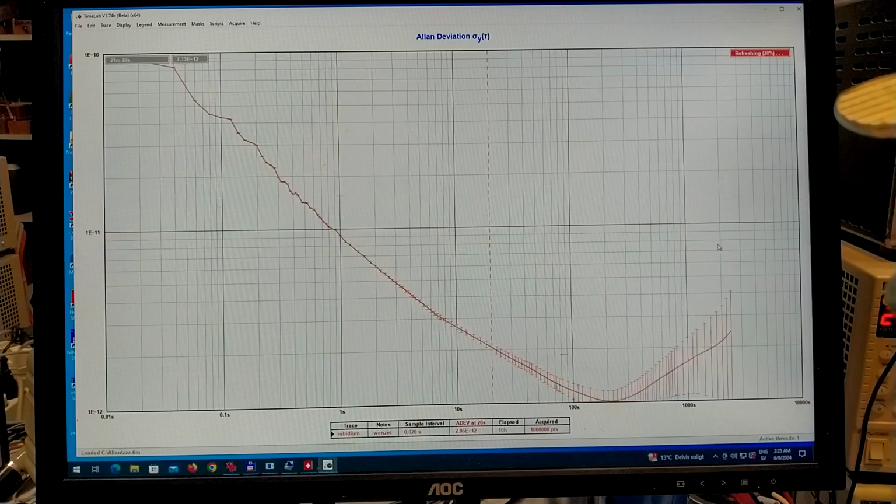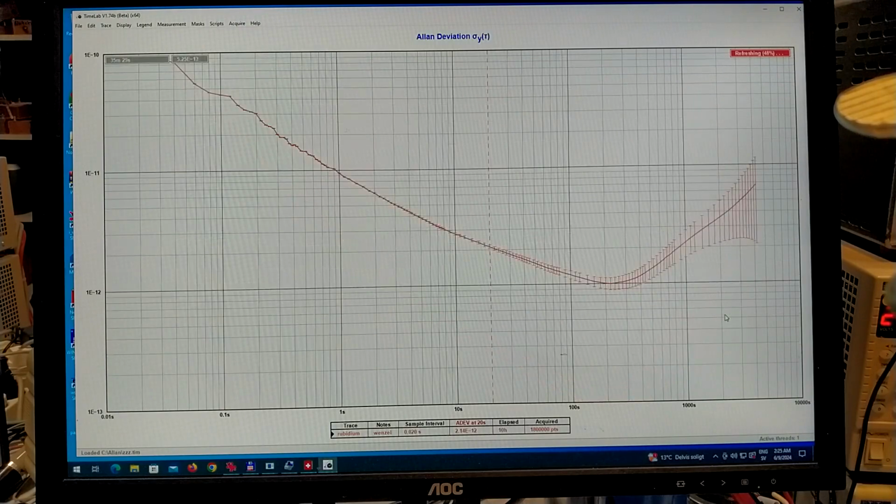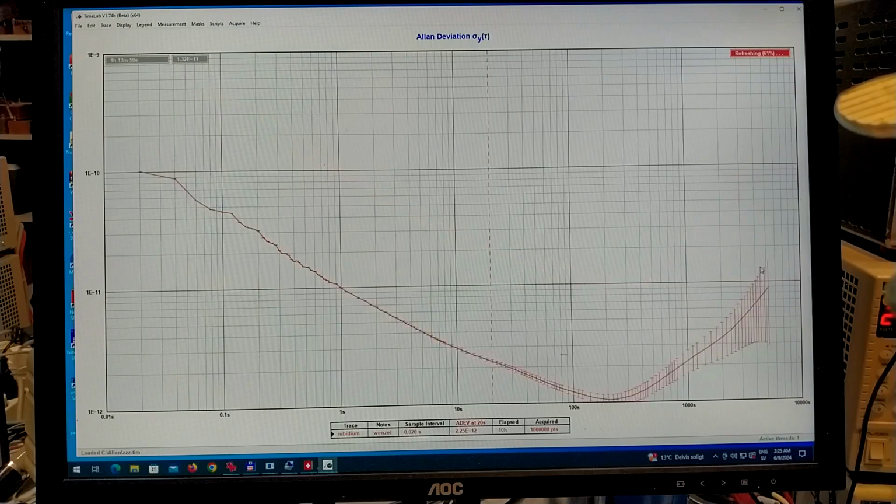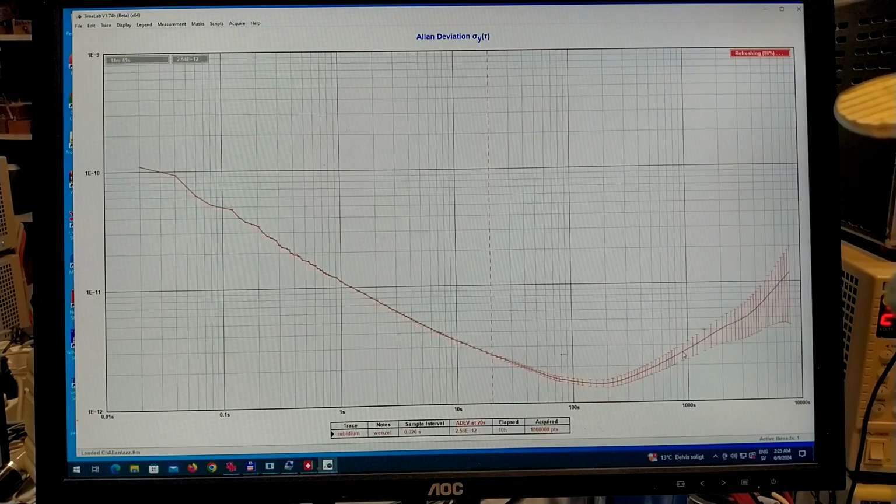So we look at what happens here towards the end of the measurement. This looks nice, but now there was some event. So I think that is a software bug.